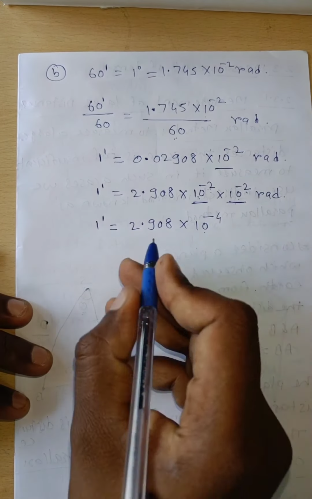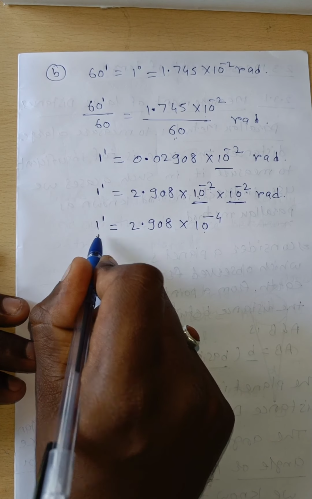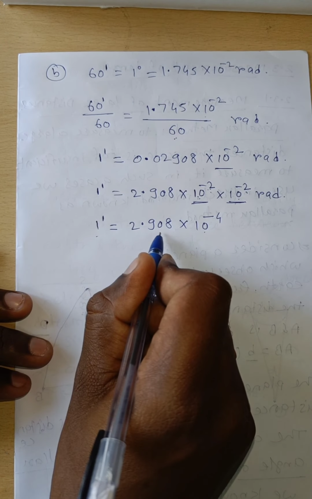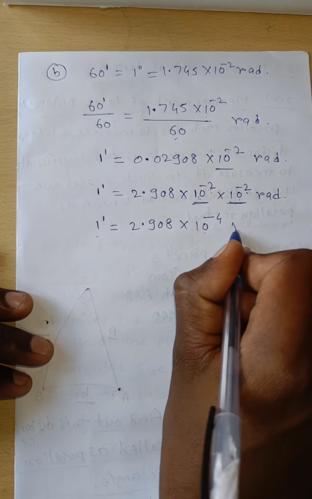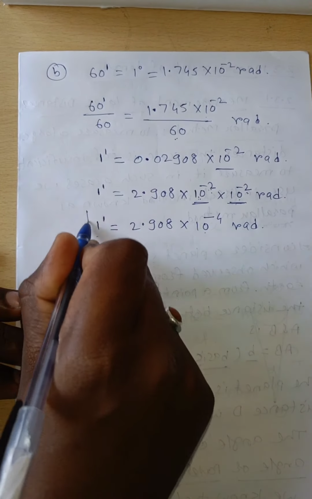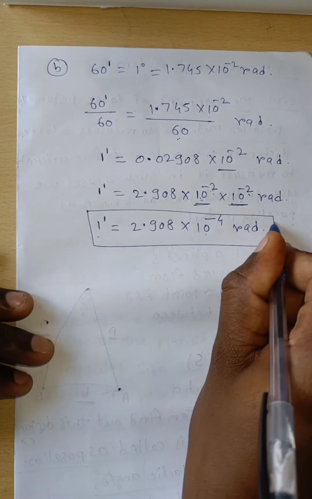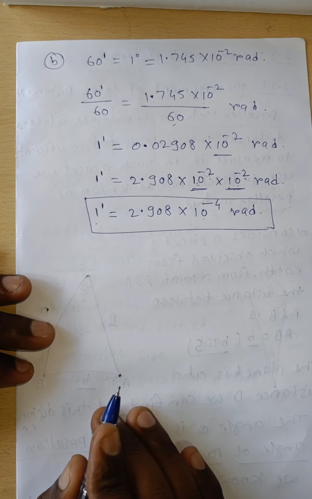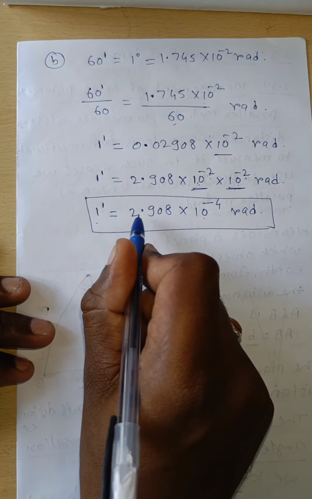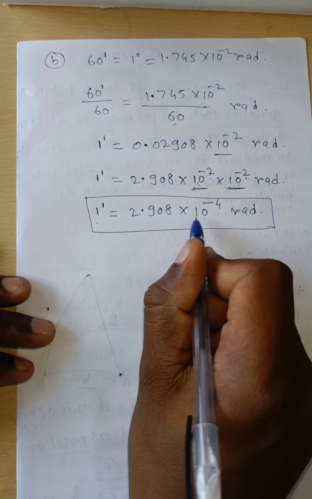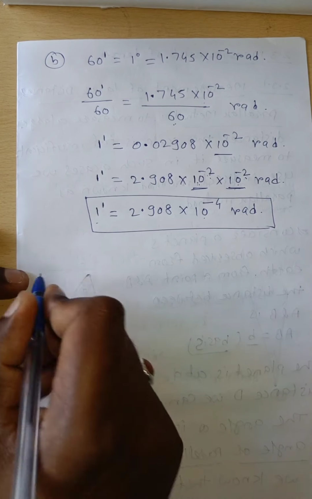Minus 4. Therefore 1 minute is equal to 2.908 into 10 raised to power of minus 4, in terms of radians. Therefore the value of 1 minute in terms of radians is 2.908 into 10 raised to power of minus 4 radian.